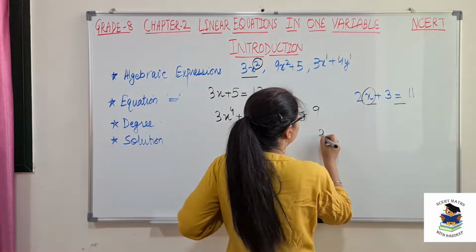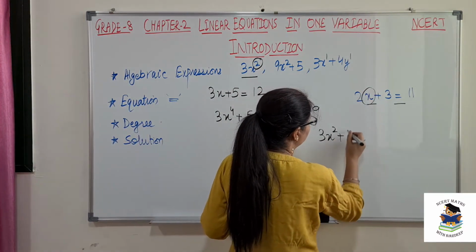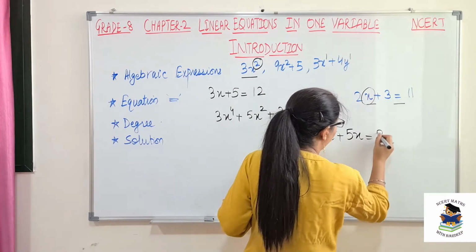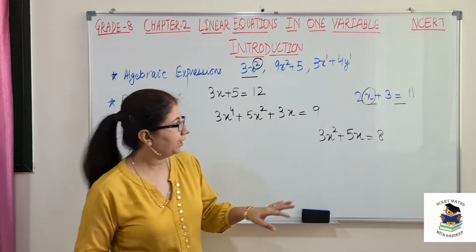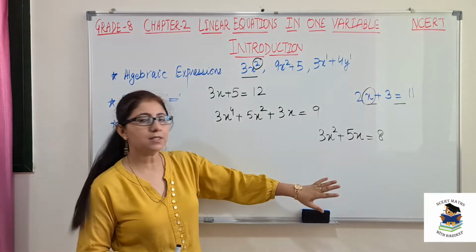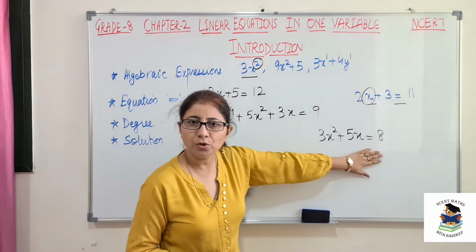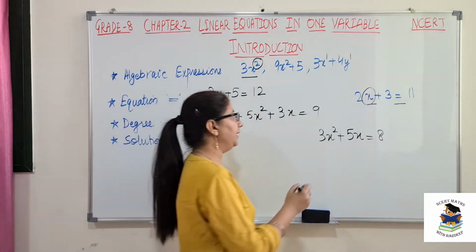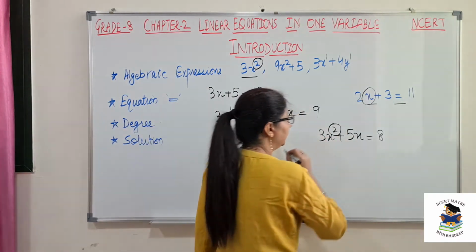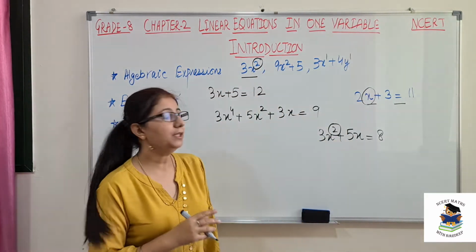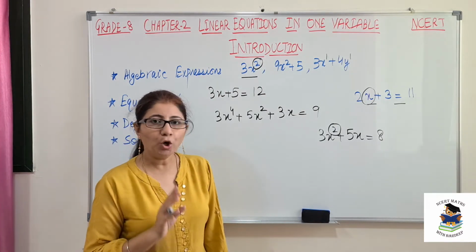Suppose I am writing 3x square plus 5x as 8. Here again we can check whether this is a linear equation or not. The equal to sign is there, the variable is also 1, but the highest power of the variable is 2. So this will be a quadratic equation, not linear.